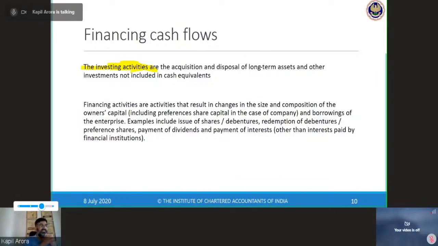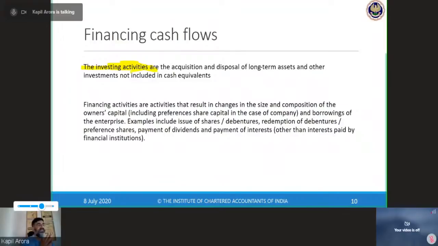Diksha, again, I just mentioned one thing here: when I have enough funds and I am investing somewhere else, whether I am giving a loan to somebody, doing a fixed deposit, buying machinery, a factory, or a building, all these things will come under the investing activities because that is my money, I am investing something.